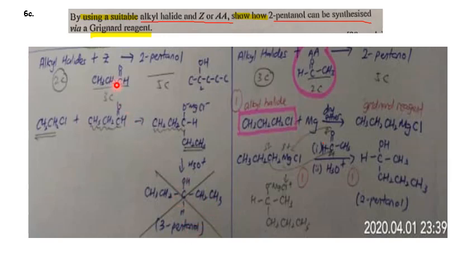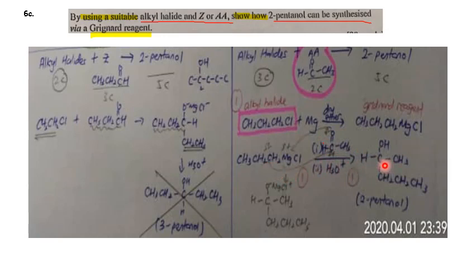So I cannot use propanal. Let's check again if I'm using ethanal. My alkyl halide forms the Grignard reagent first with magnesium, and then the Grignard reagent reacts with this aldehyde. The aldehyde means ethanal, and then we check.